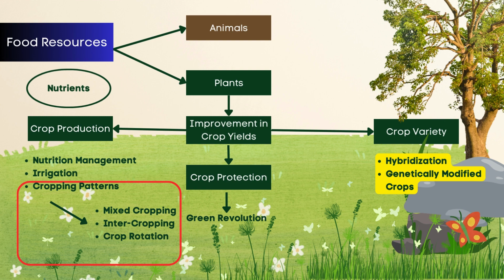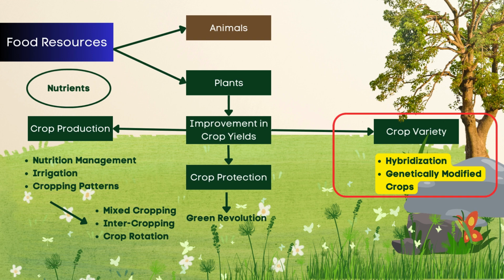Then under crop variety improvement, we will be discussing crop breeding, how to breed the crop, and there are two methods: hybridization and genetically modified crops. So what are the two major methods of crop breeding? One, hybridization. Two, genetically modified crops.